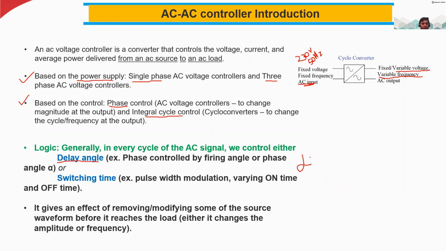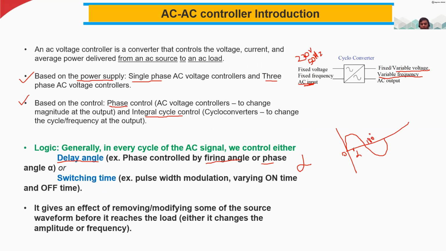Alpha is called firing angle or phase angle or delay angle. Delay angle means, for example, here we have some AC input voltage. We are applying it, for example, through an SCR. So we are firing the SCR only at a particular angle alpha, where here we have 0 to 180 degrees.